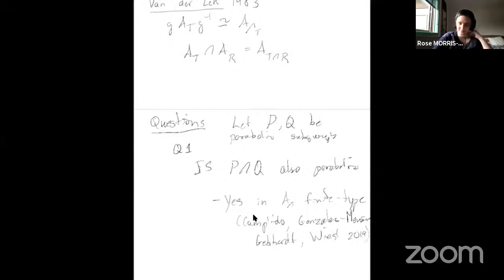And there are some preliminary techniques. So the answer is yes in finite type Artin groups. I'm sure you guys have picked up on the pattern by now. This is by Cumplido, Gonzalez-Meneses, Gebhardt, and Wiest. It's pretty recent, I think this is like 2019 or 2020, something like that.